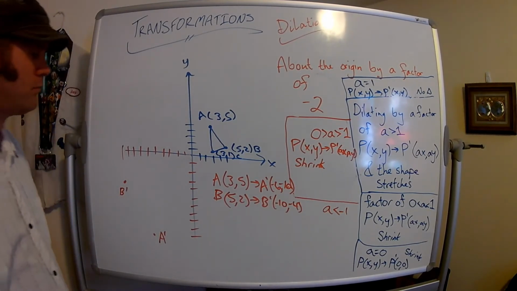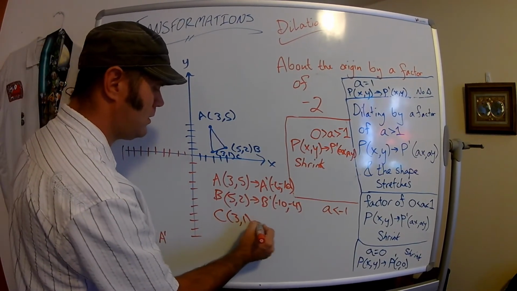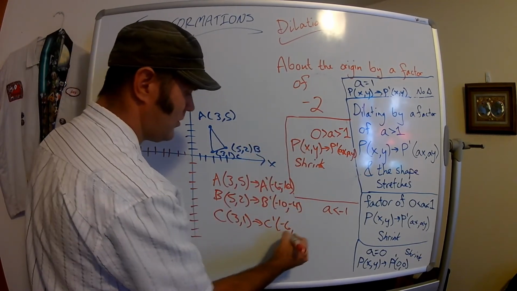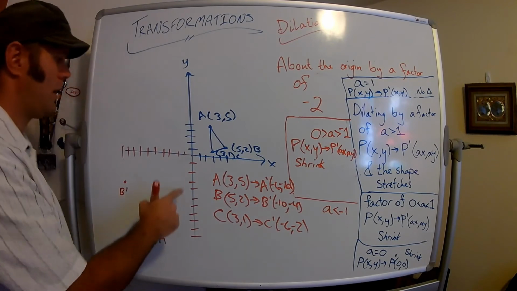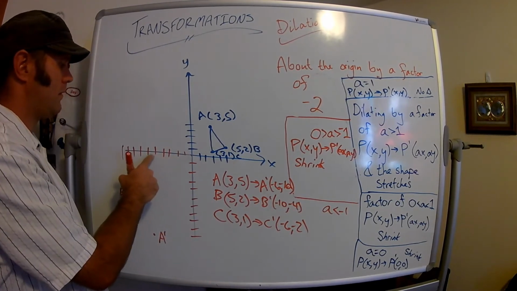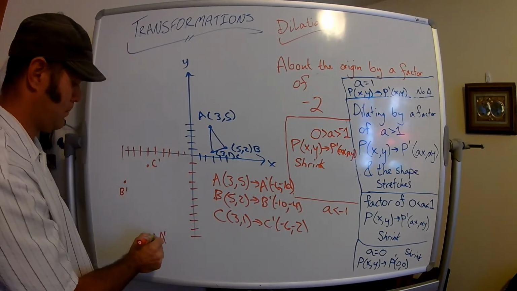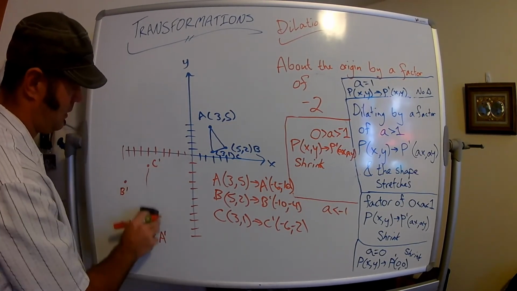B prime. And then C is 3, 1, which becomes C prime. 3 times -2 is -6, and 1 times -2 is -2. So -6, 1, 2, 3, 4, 5, 6, and then down 2. C prime. Wow, that was a bad line.